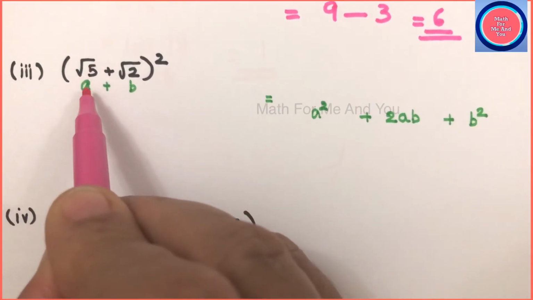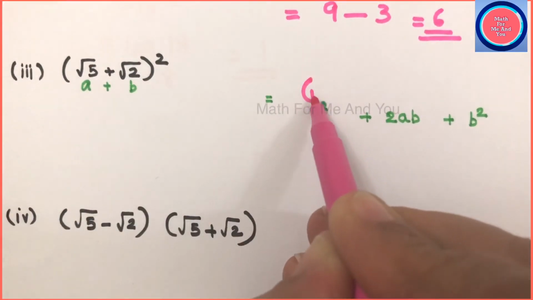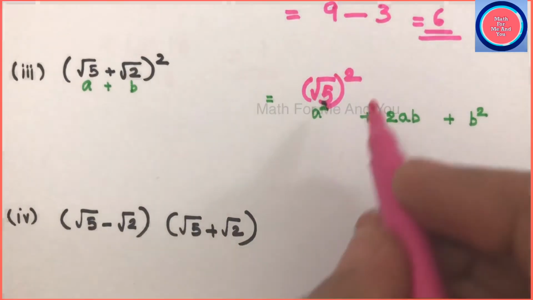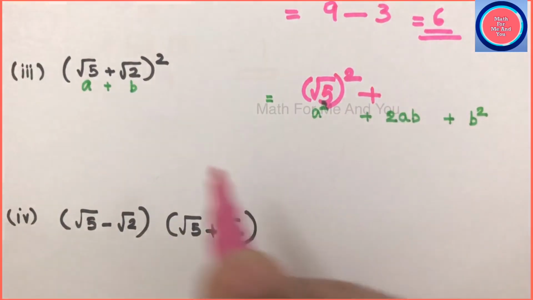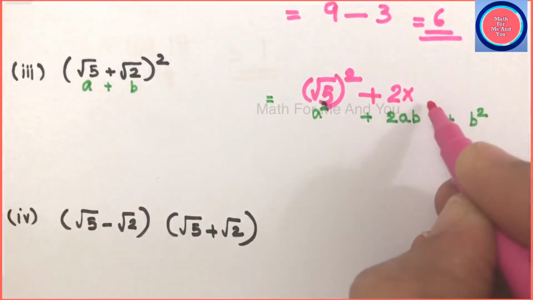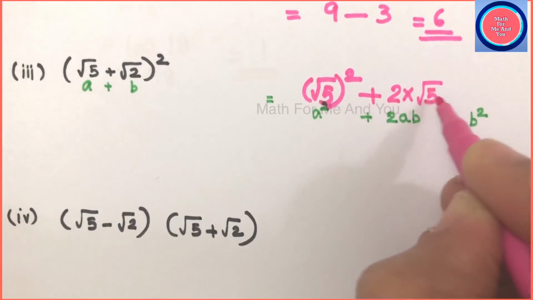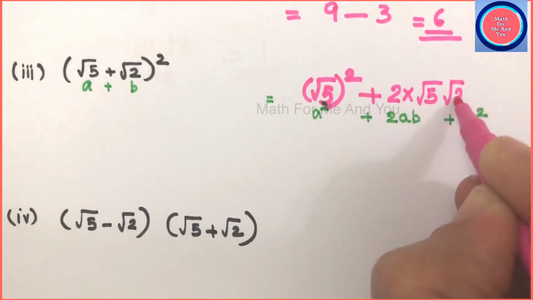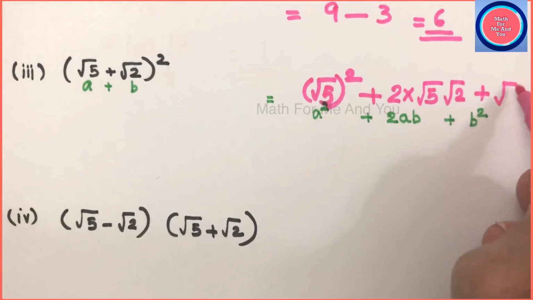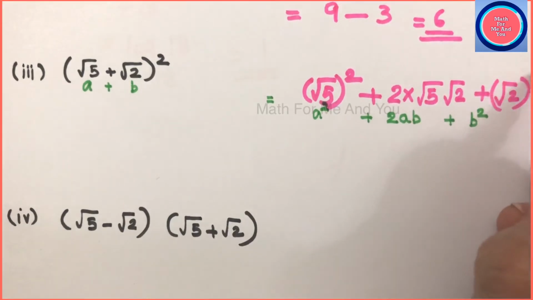So the first term is a square, that means root 5 square, plus in the middle the second term 2ab, so it is 2, a is root 5 and b is root 2. So we write root 5 times root 2, plus b square, that is root 2 square.